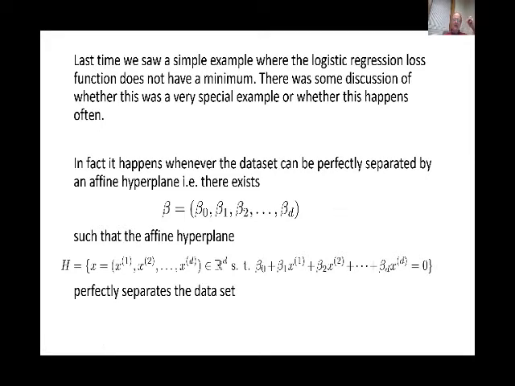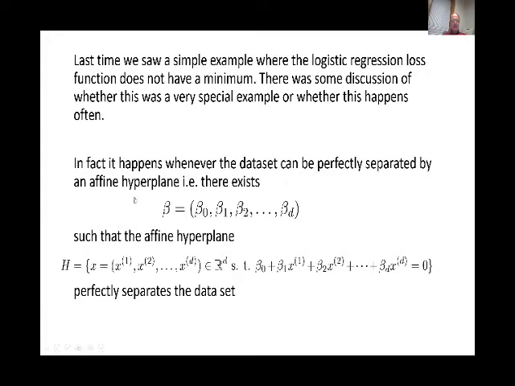I mentioned that this is a general phenomenon: if you have a data set where you can completely separate it by some hyperplane, then the unregularized gradient descent sequence will not converge. And so I just wanted to show that this is a general phenomenon.